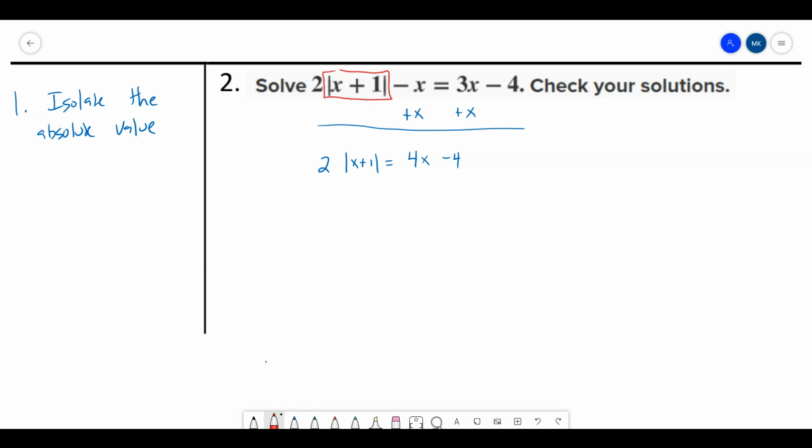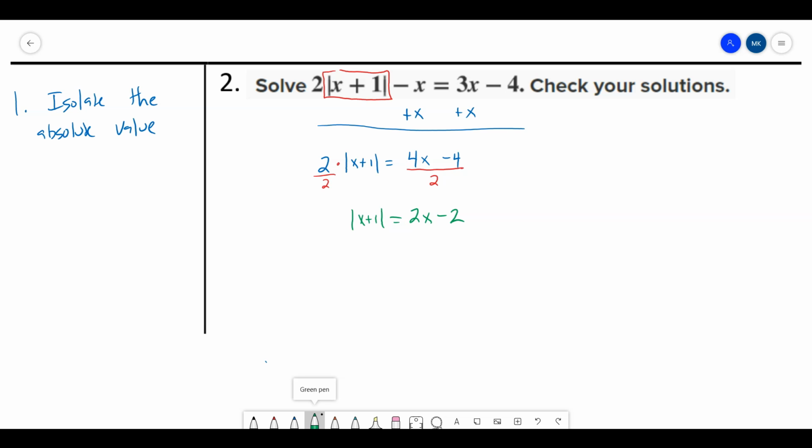At this point, I'm going to undo this multiplication by dividing by 2 to get rid of that 2, and therefore divide the whole other side by 2. So then I'm going to have the absolute value of x plus 1 equals 2x minus 2. So that's step 1. We're going to isolate the absolute value.